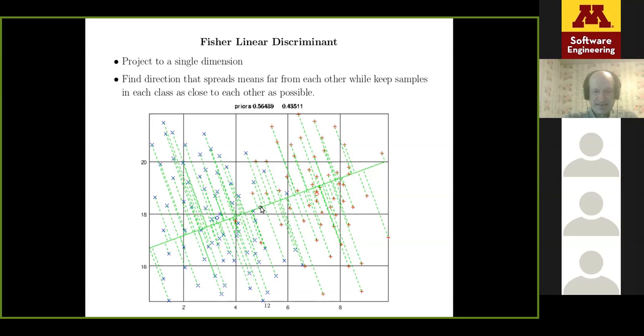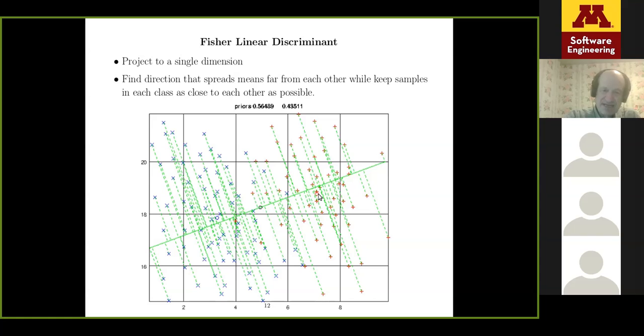And there's a statistical method for determining this particular direction, in which you want to maximize the separation between the two means, the center for the salmon class and the center for the sea bass class, while at the same time minimizing the scatter within each class.